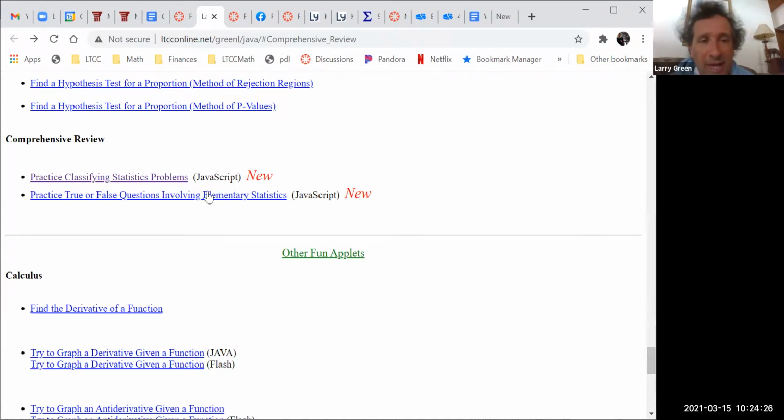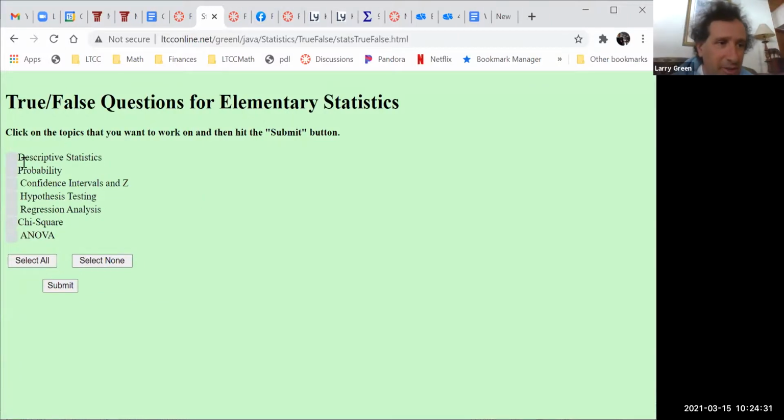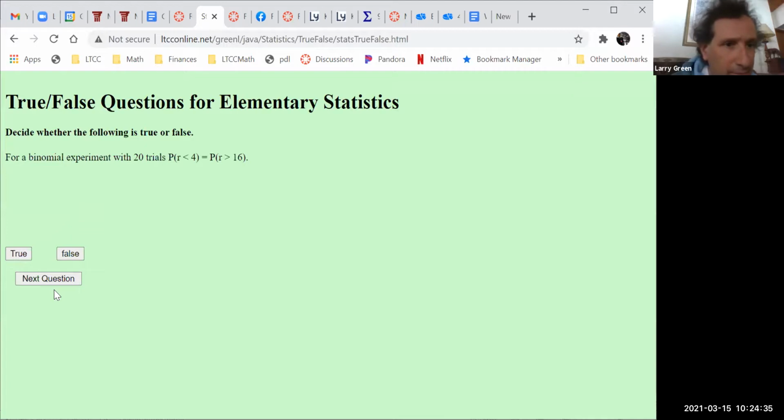Okay. I also did a practice true false. I think I've shown this one to you, and you can do all and submit. Decide whether the following is true or false. For a binomial experiment with 20 trials, the probability R is less than 4 is equal to the probability R is greater than 16. True or false? Got a 50-50 chance if you have no idea.